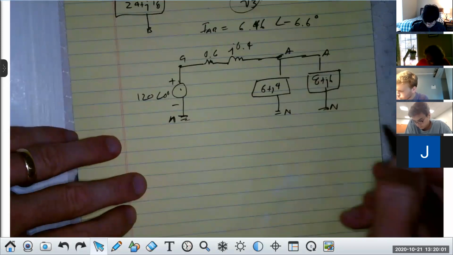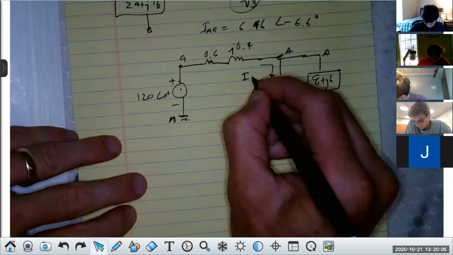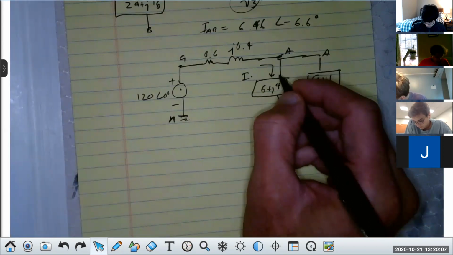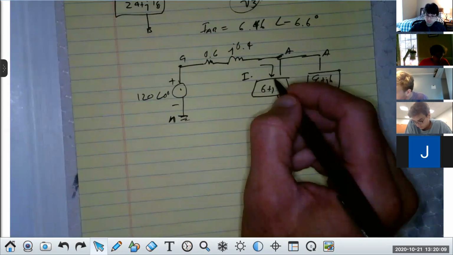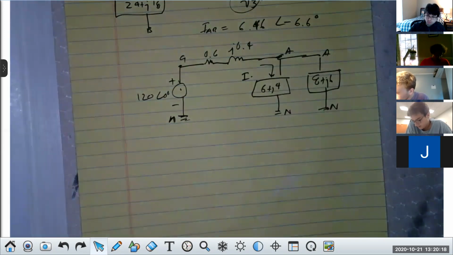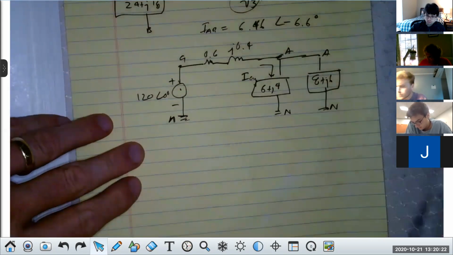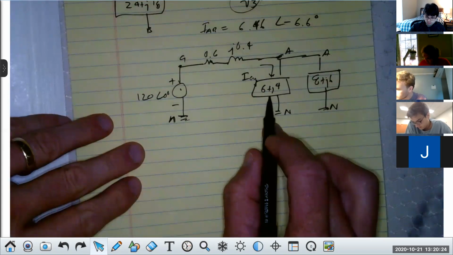The actual problem asks for this current. IAY is this. So it's the current plus through the load 6 plus J4.